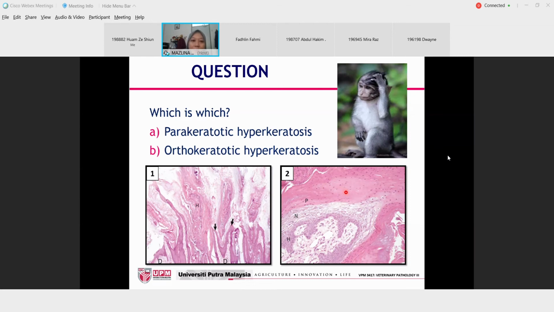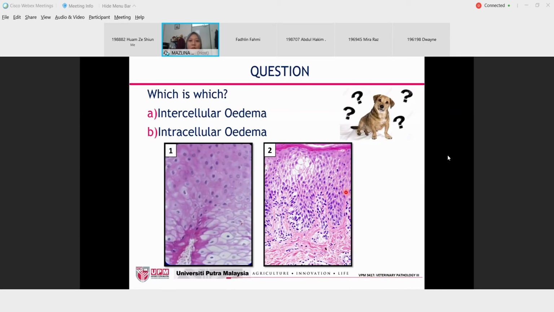Alright. Okay, very good. How about this one? Which one is called intercellular edema and which one is intracellular edema? Anyone besides another person can try. Is the first picture intracellular edema and the second intercellular edema? Doctor? Yes, very good.